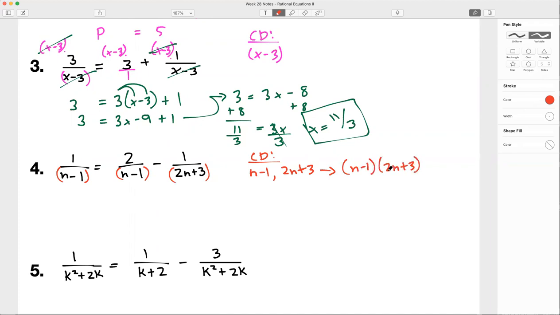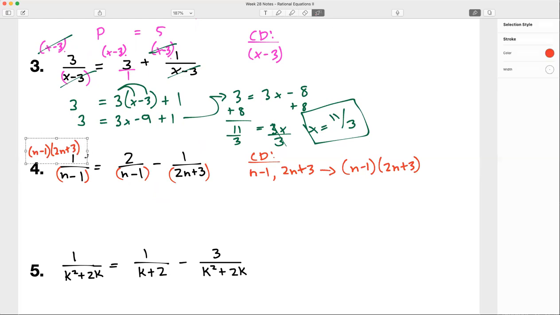Like so. Now what we're going to do is take this thing and multiply it on top of every term. So you can see what'll cancel out here. 2n plus 3. And just for the sake of expediency, I'll take this, copy it, paste right there, multiplying it on top.